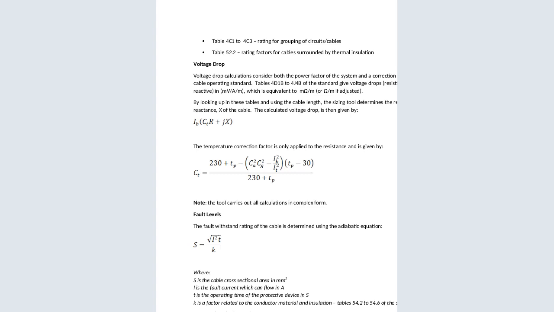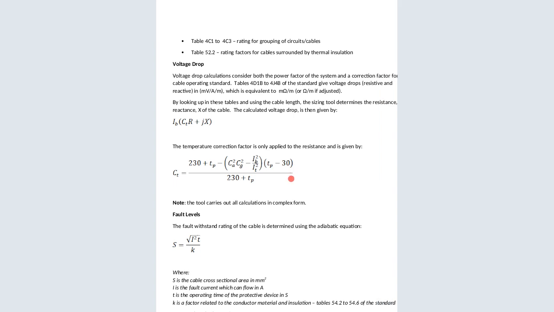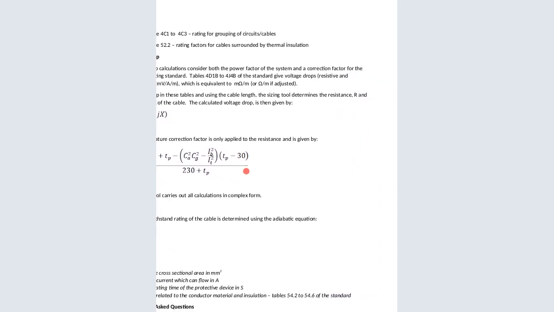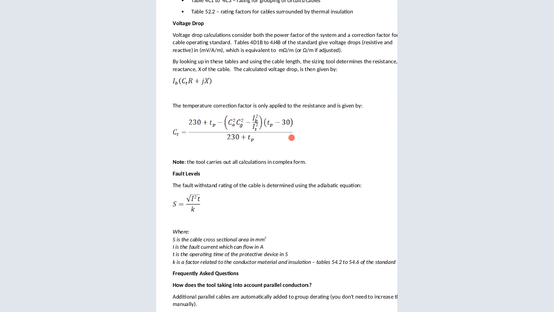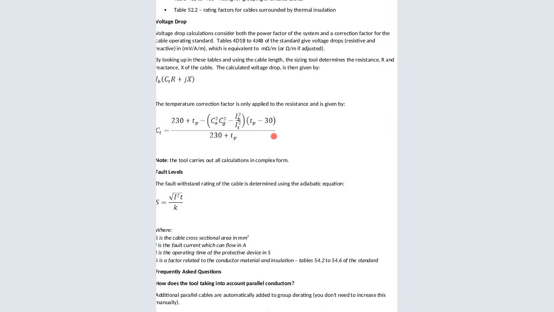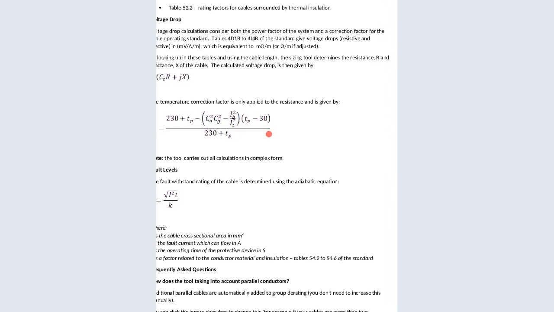So when we are calculating the voltage drop, remember voltage V is equal to IR, where R is the resistance and I is the current. So if we want to get the voltage drop, the voltage drop calculation considers both the power factor of the system and the correction factor of that cable operating standards. So the tables 4D1B and 4J4B are the standard given voltage drops.